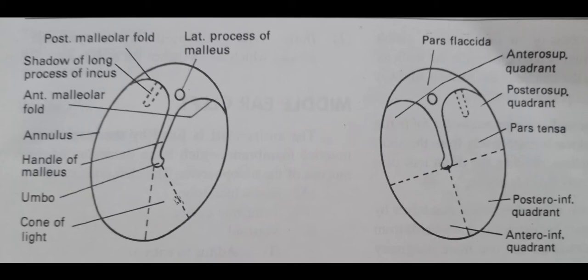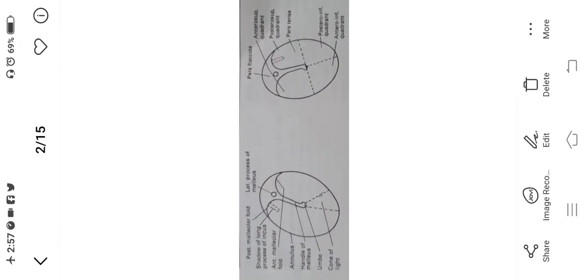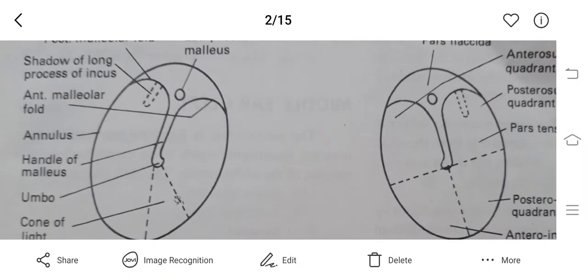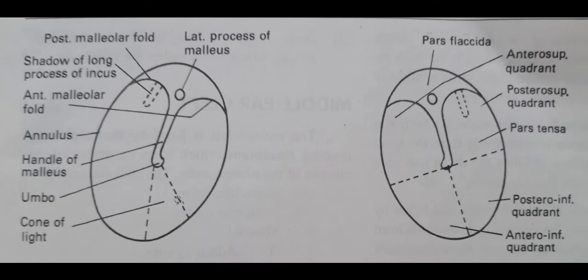These 2 lines divide the pars tensa into the anterior superior quadrant, posterior superior quadrant, anterior inferior quadrant, and posterior inferior quadrant. So the pars tensa is divided into 4 quadrants at the level of the umbo.